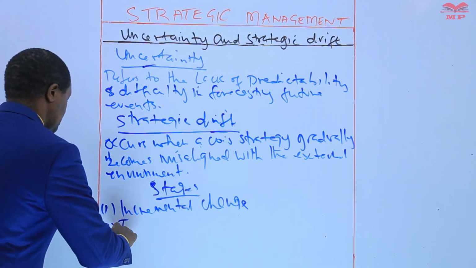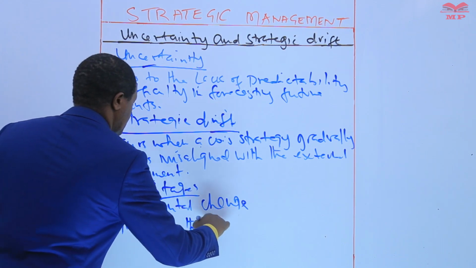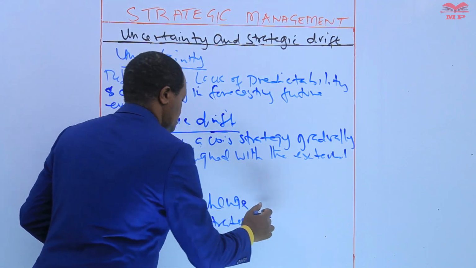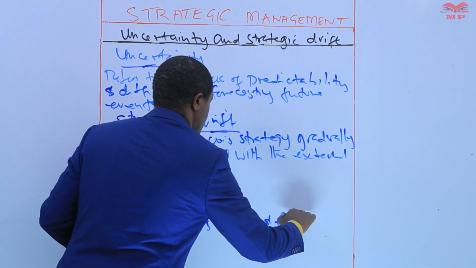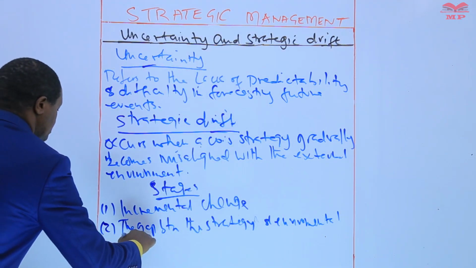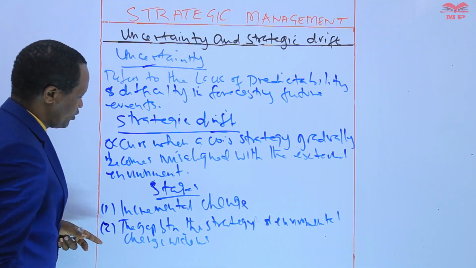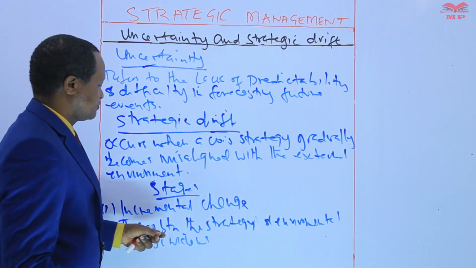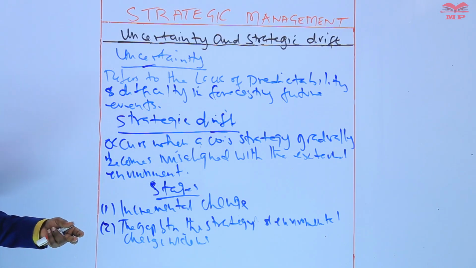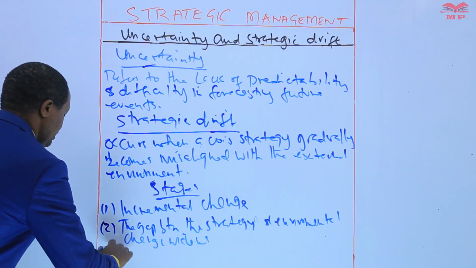Two, the gap between the company strategy and environmental change widens. So there is a widening gap between the strategy and environmental changes. Then that obviously leads to a flux.